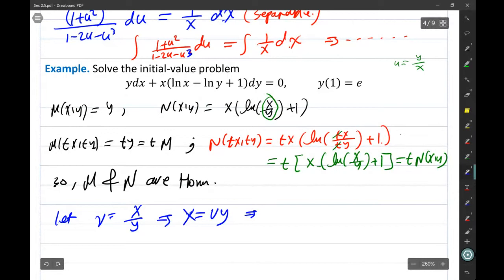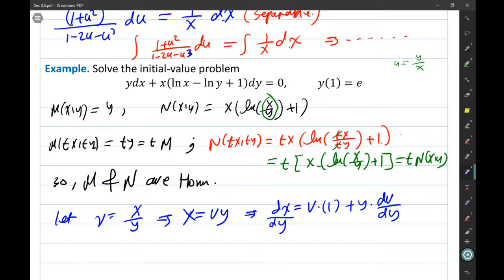Now you need to find dx. dx by dy is equal to v times 1 plus y times dv by dy, in this form.